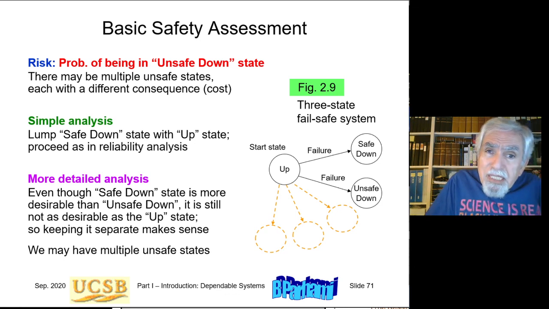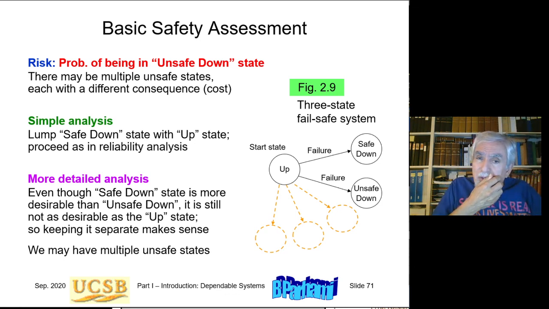Okay, so for safety assessment, in order to quantify safety the way we did for reliability, availability, and performability, we need some basic definitions. So we have a system, let's say it has an up state, where the system is working perfectly well, and it has a bunch of down states, one or more of which are safe down states.